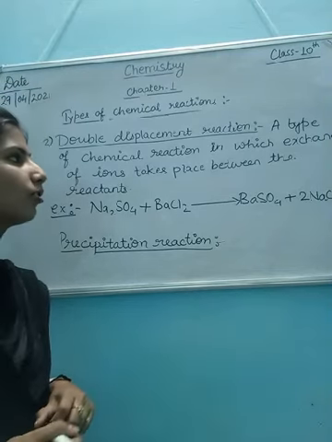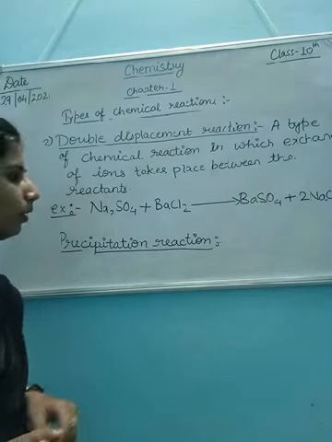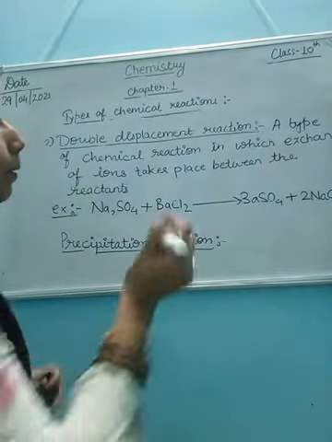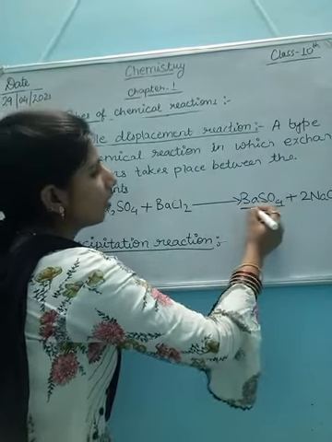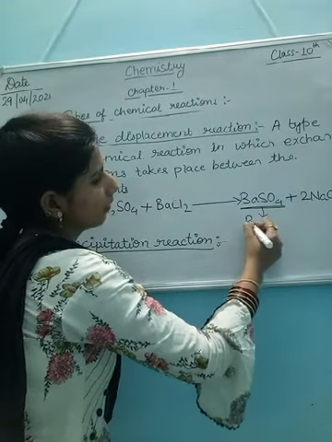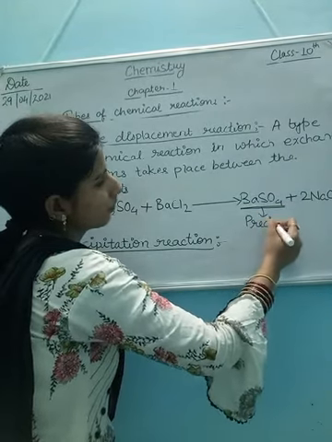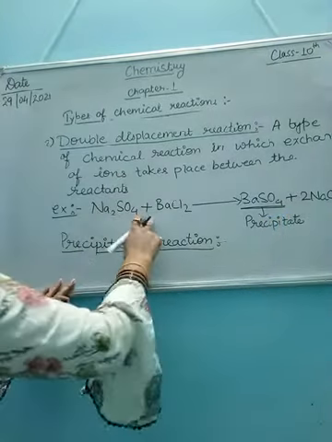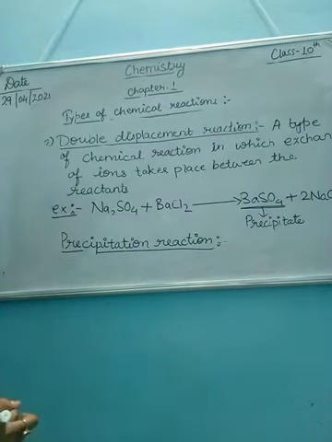The chemical reaction in which precipitates are formed is known as precipitation reaction. In this reaction, barium sulfate is in the form of precipitate. So this reaction is also known as precipitation reaction.